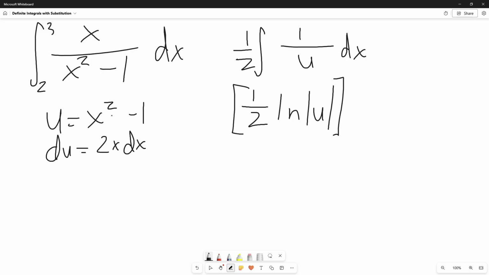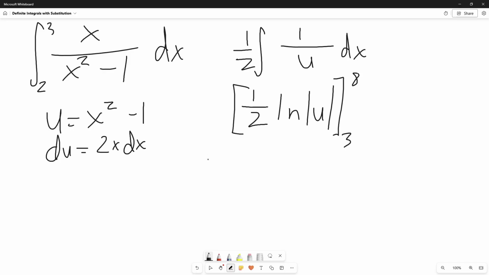So if u equals x squared minus 1, then when x is 2, u equals 2 squared minus 1, which is 4 minus 1, which is 3. And when x is 3, u equals 3 squared minus 1, which is 8. So we've changed the bounds from 2 to 3 to 3 to 8 because our variable has changed from x to u. We need to do that.